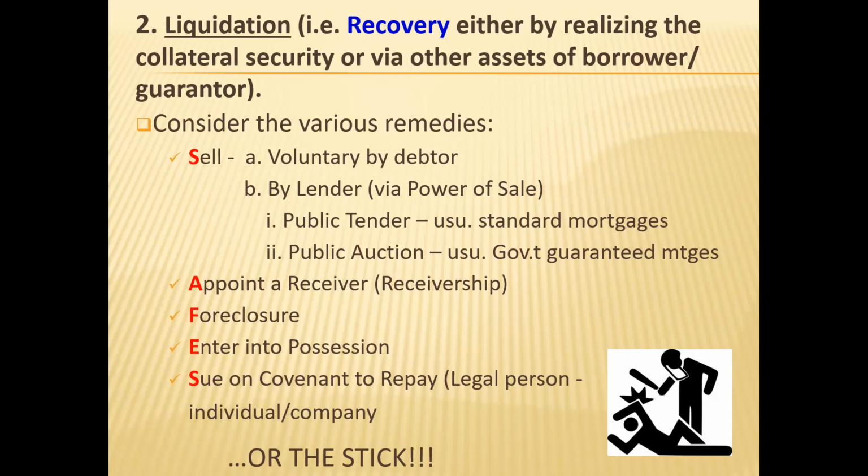So if you have to appoint a receiver, that is the A, appoint a receiver. The person who is appointed as receiver will, if they have to sell any of the assets, well, this is for business. Appointed receiver, this is for businesses.